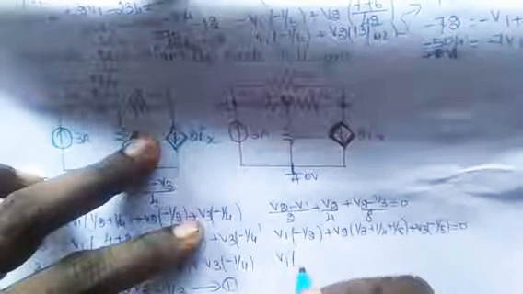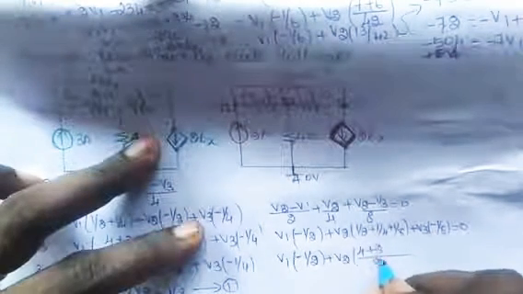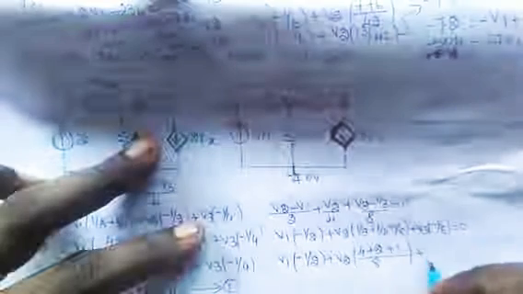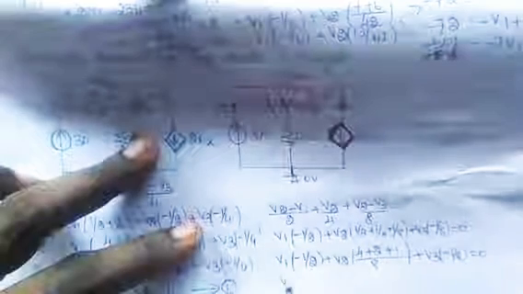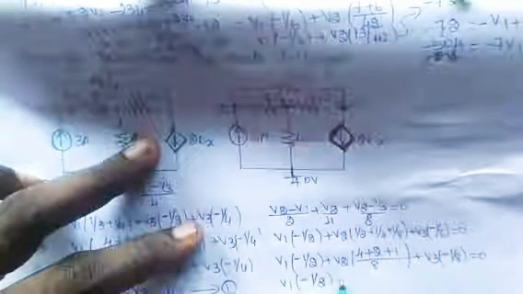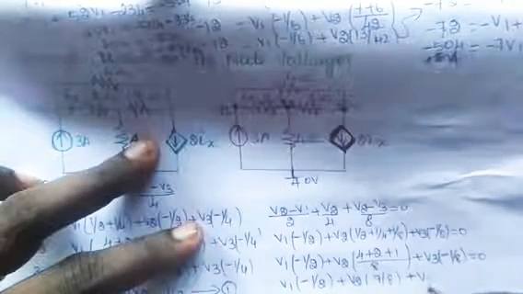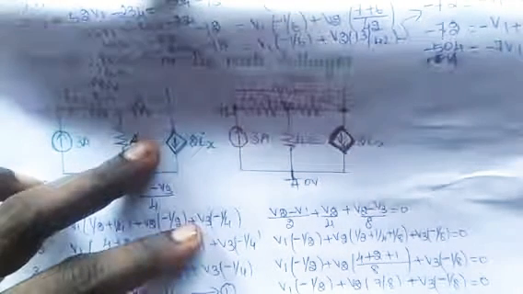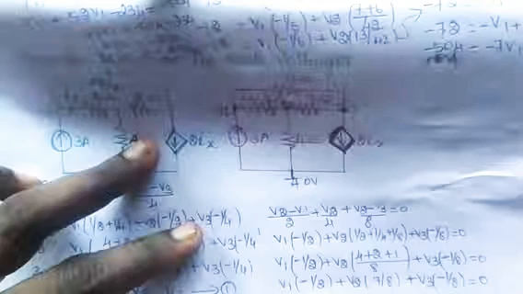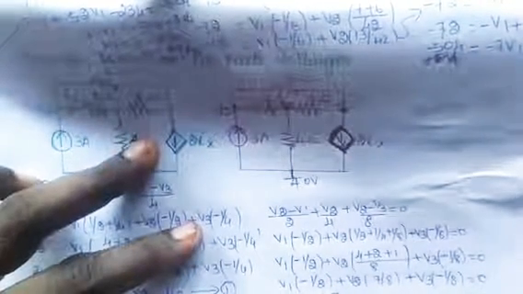So V1 into minus 1/2 plus V2 into (4 plus 2 plus 1)/8 plus V3 into minus 1/8 is equal to 0. So V1 into minus 1/2 plus V2 into 7/8 plus V3 into minus 1/8 equal to 0. When multiplying the whole equation by 8, you will be getting minus 4V1 plus 7V2 minus V3 equal to 0.